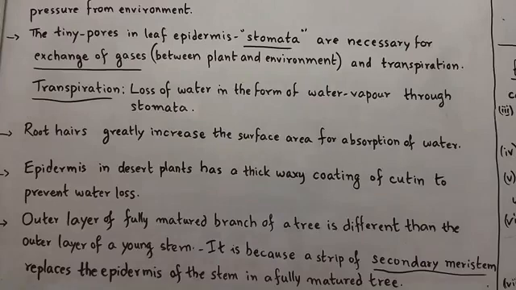As the plant becomes older and matured, in place of the epidermis a strip of secondary meristem comes, which means the epidermis is removed and secondary meristem is placed. Why is it happening? Let us see.